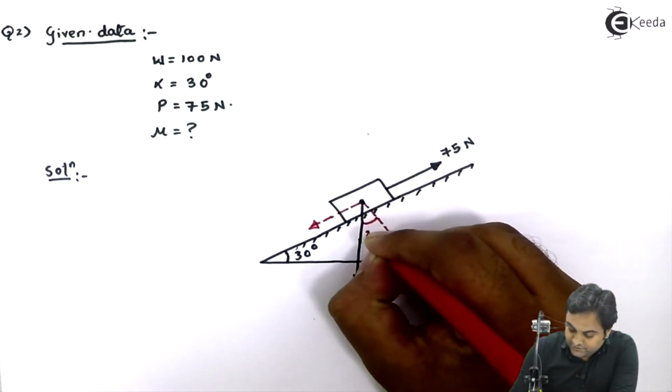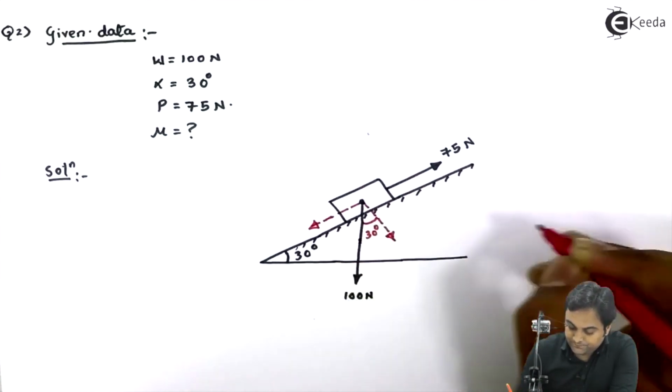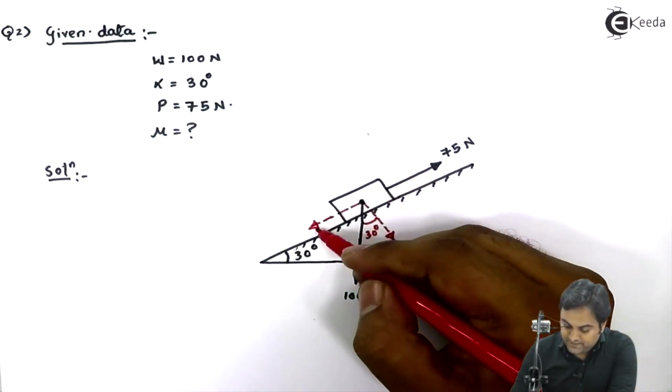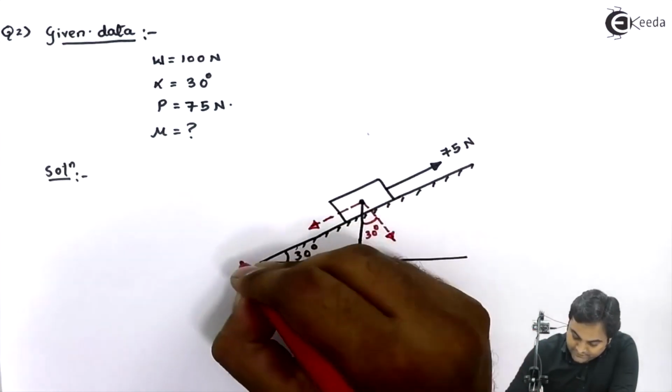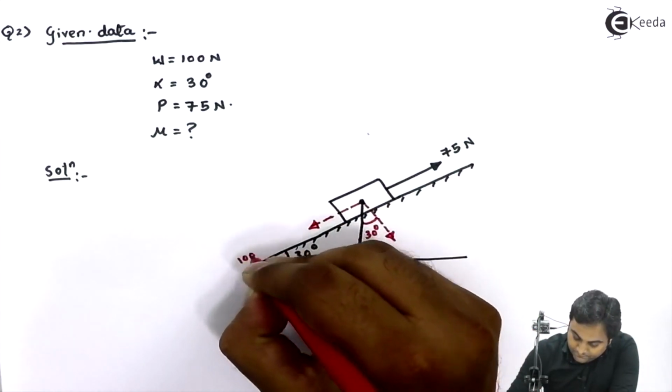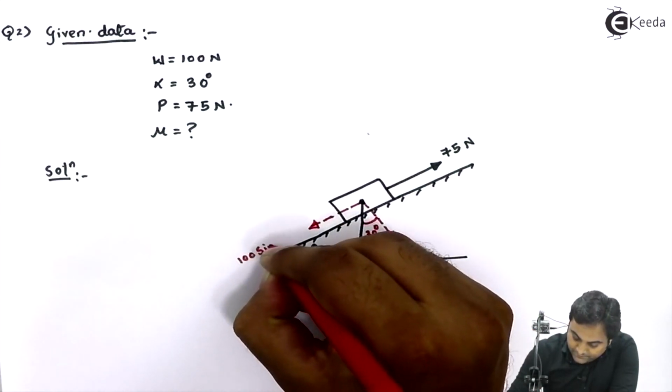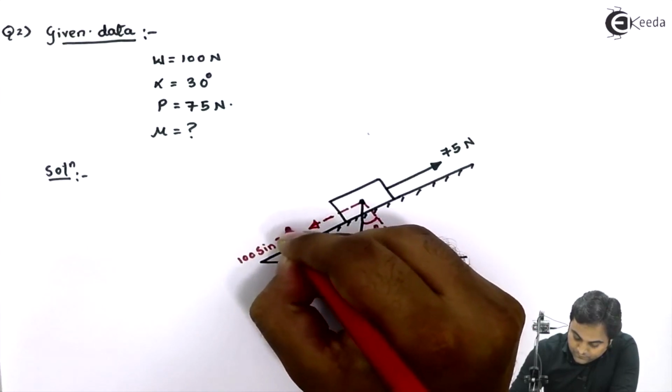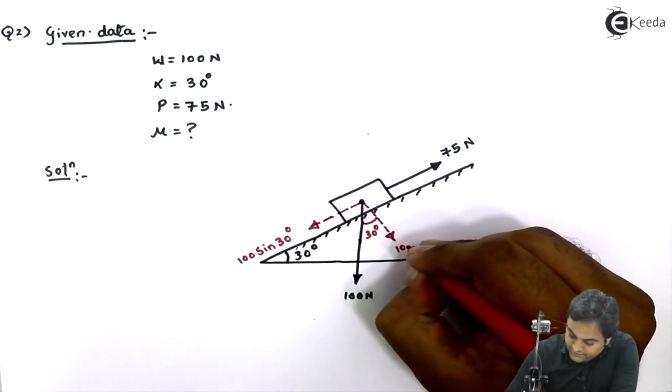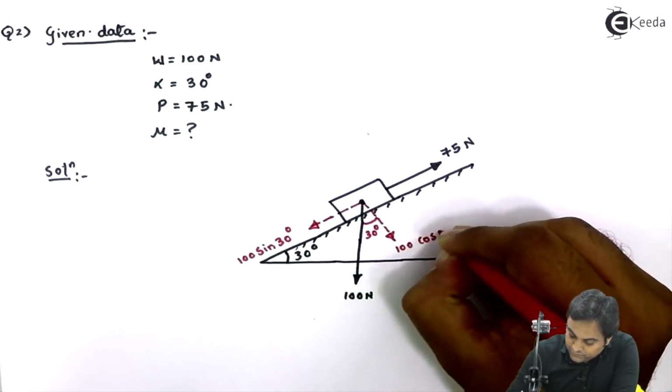The inclination here is 30 degree. The component which is parallel to the plane, that would be taken as 100 sine 30 degree, and the component which is perpendicular, that is 100 cos 30 degree.